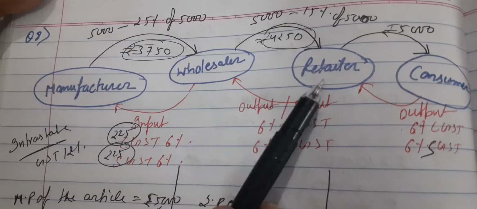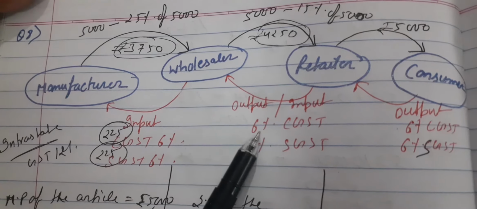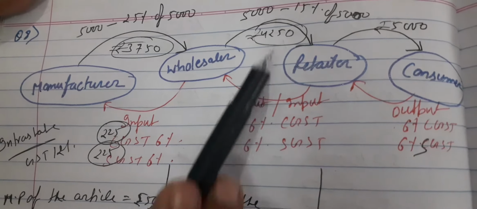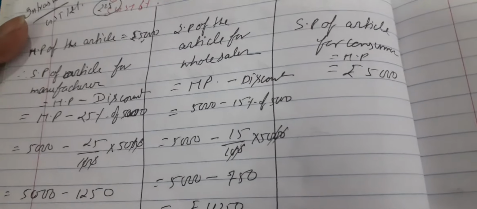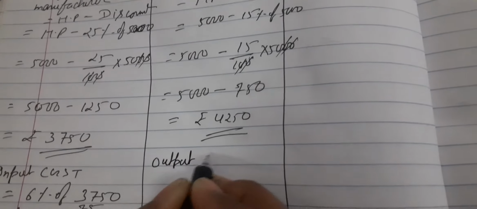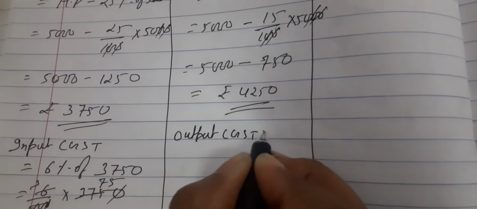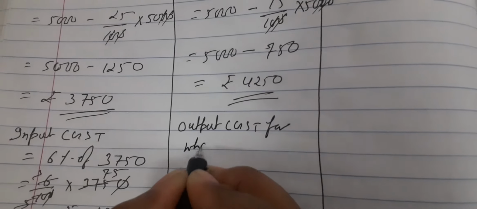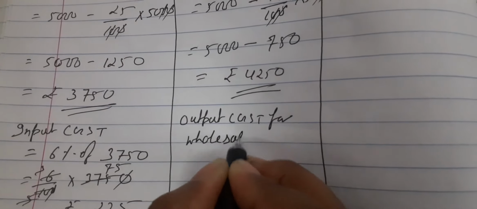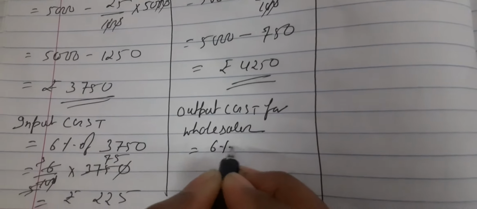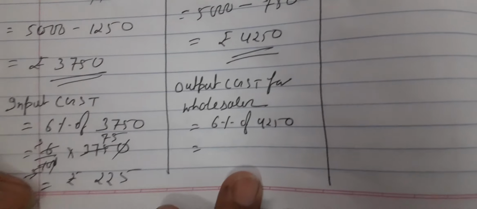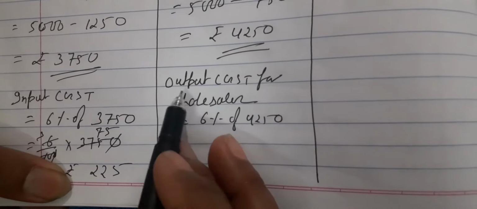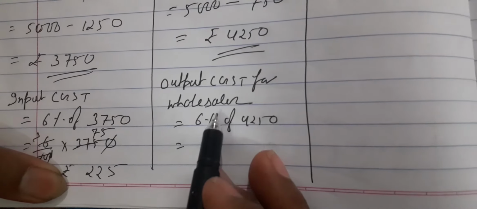Okay, now the dealing between these two, so we are going to find out 6% GST on this amount. So let's see. Output CGST for wholesaler is equal to 6% of 4250, or we may write input CGST for retailer.